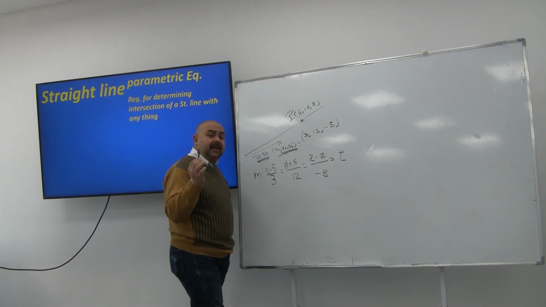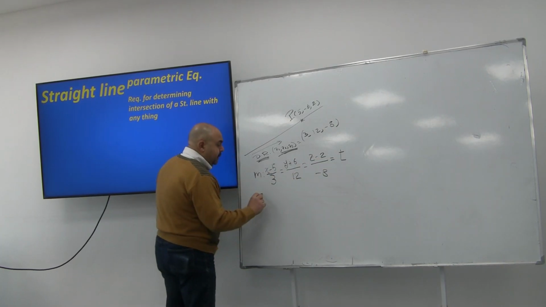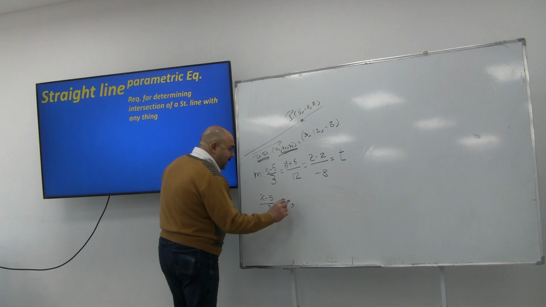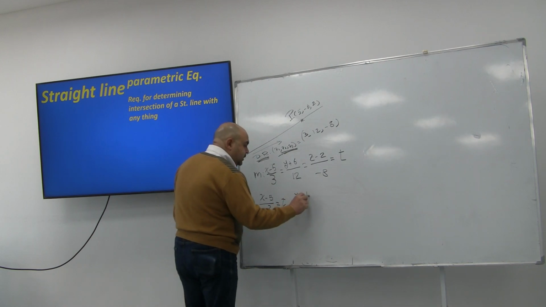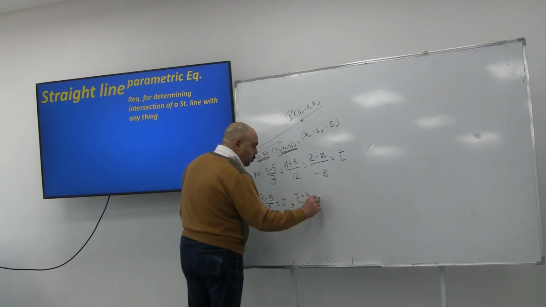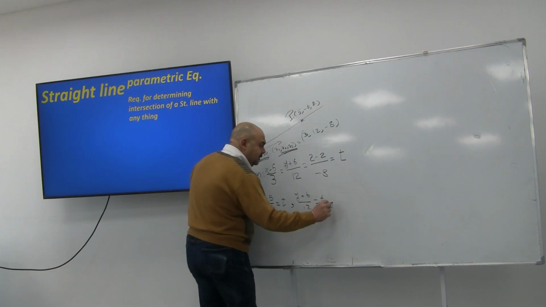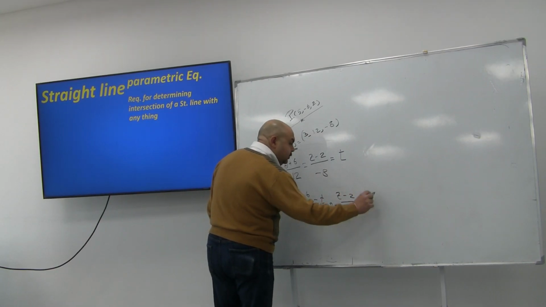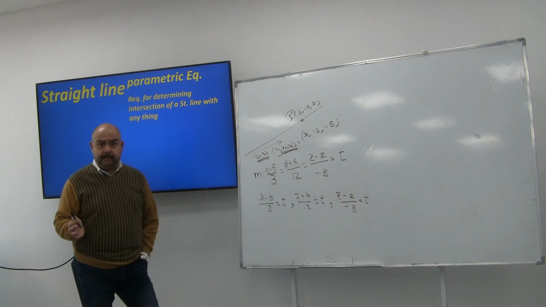So it's going to be (x minus 5) over 3 equal to t, and (y plus 6) over 12 equal to t, and (z minus 2) over negative 8 equal to t, which is really very simple.